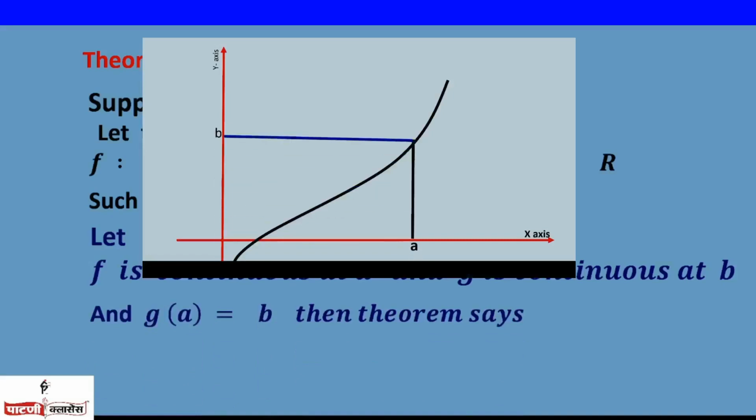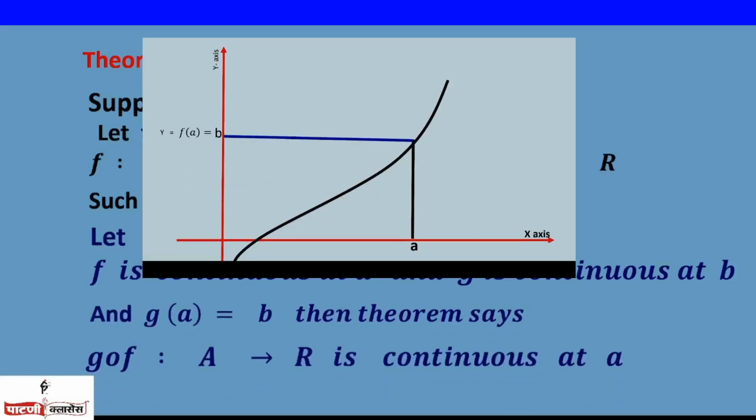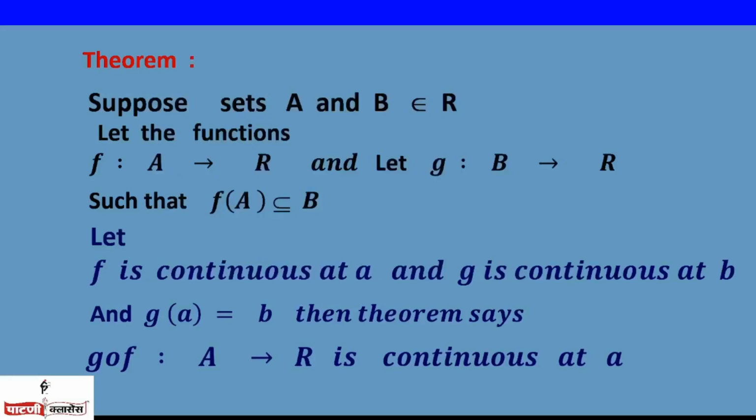Then the theorem says g o f from A to R is also a continuous function at a. Let us prove the theorem now.